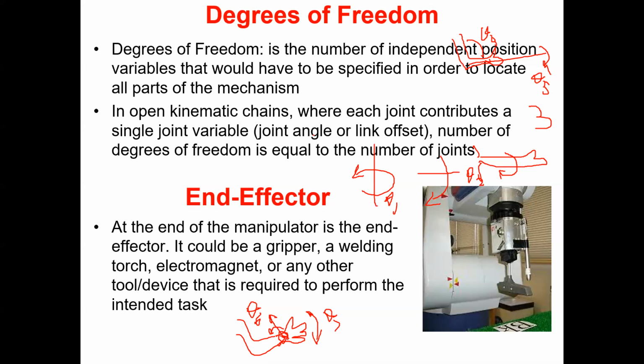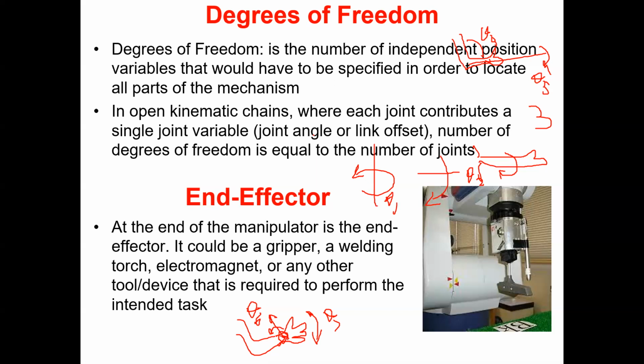You need minimally 6 to control the position and orientation arbitrarily, but now you have 1 in addition to that, 7. So, what is the advantage of having more than what you really require? You need 6, but you have 7.